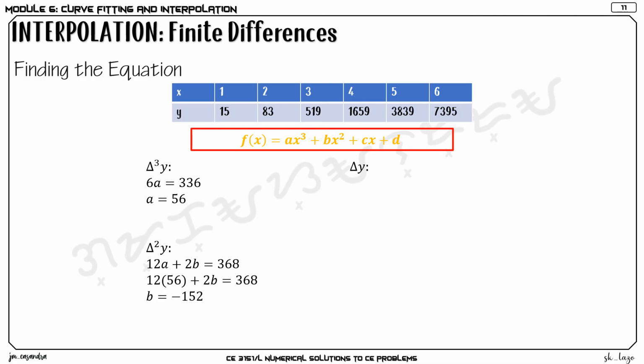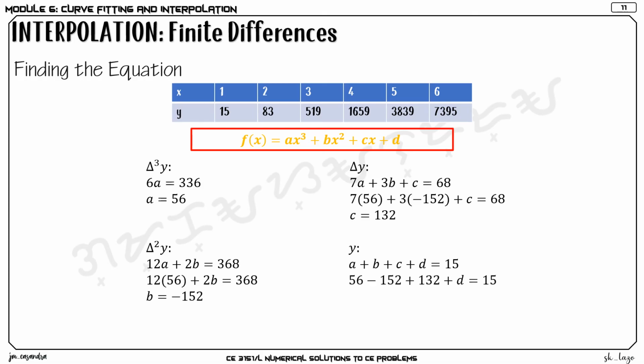For delta y, we have 7a plus 3b plus c equal to 68. And substituting the value of a and b, we get 7 times 56 plus 3 times negative 152 plus c equal to 68, which will now have a value of c equal to 132. And lastly, for y, we have a plus b plus c plus d equal to 15.